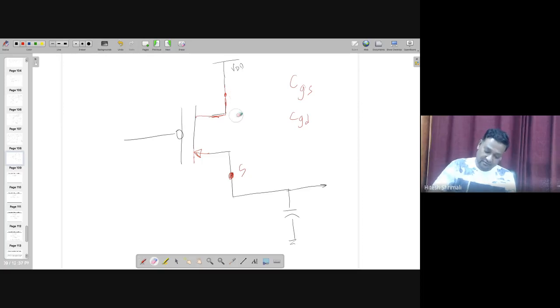Automatically this will be considered the source and this the drain. However, when you run the high frequency model, you might see some difference if these two capacitances are not equal. Because of the model parameters, we don't do that. So this is one advice to you people: please follow the notation as required.